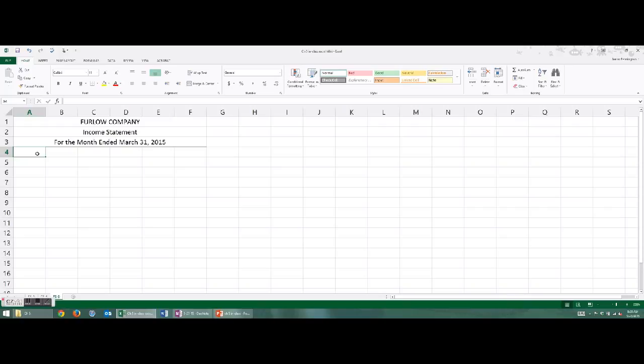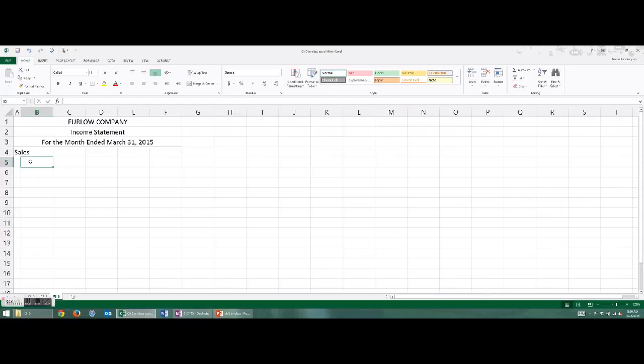So we'll start with revenue. And as a matter of fact, we'll label this section sales since we are dealing with a merchandiser. And sales, that's stylistic. Sales or revenue, either one of those would be fine as the heading there.